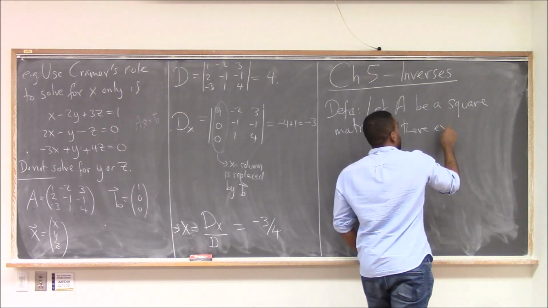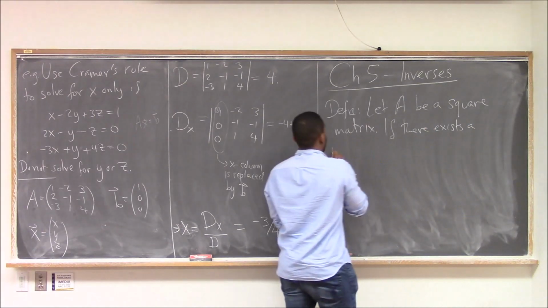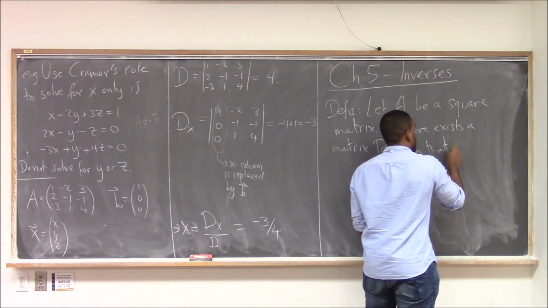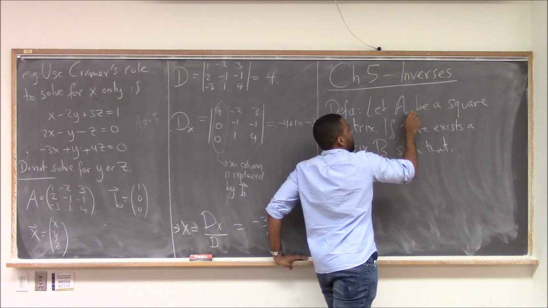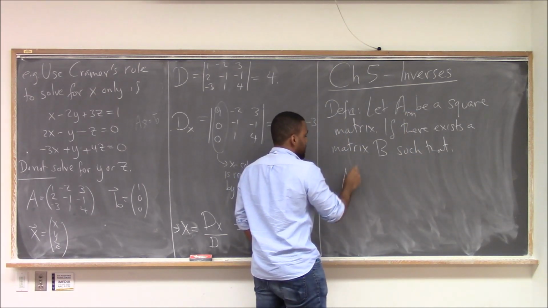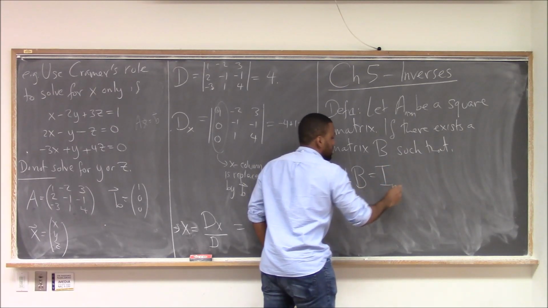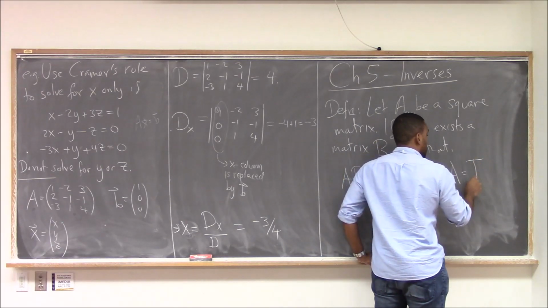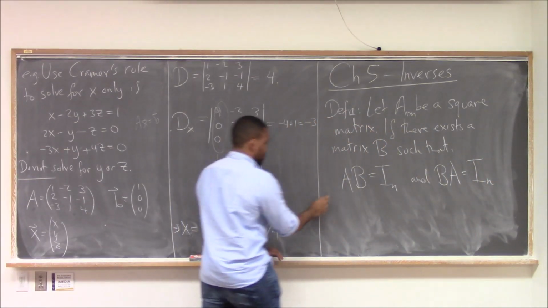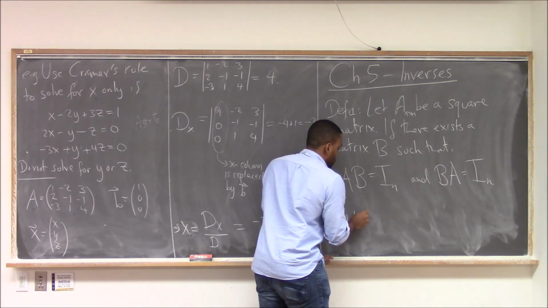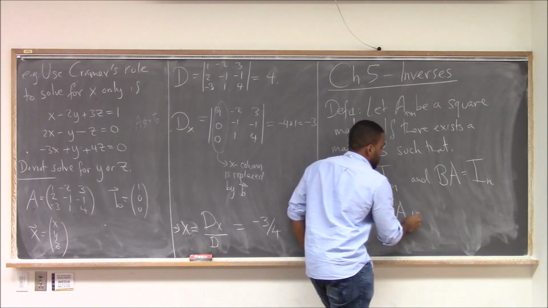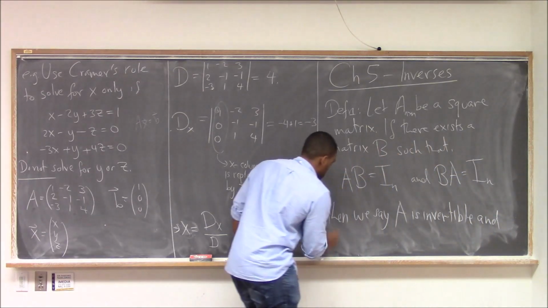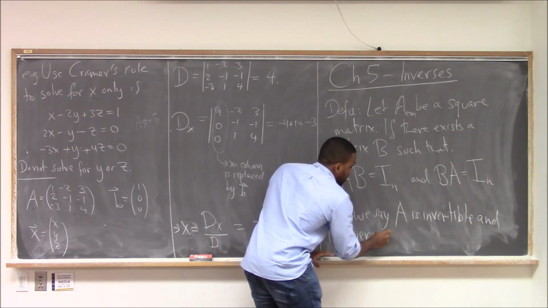If there exists a matrix B, and let this be n by n, such that if I take A times B, I get the n by n identity, and it works in the opposite order as well, B times A, I get the identity, then we say A is invertible, and its inverse is B.